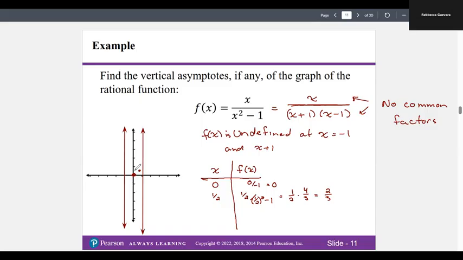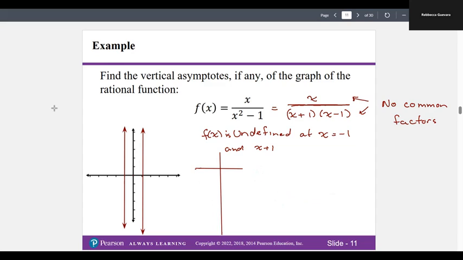Let me just put this in my calculator and just do it quickly for us. My lines are not lining up very well. Let me do that one more time so we can see that a little clearer.